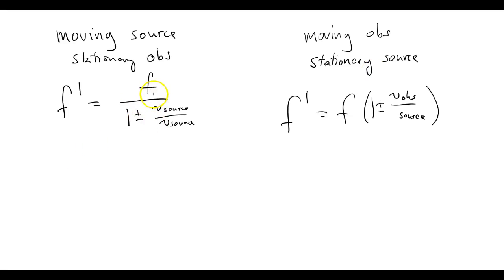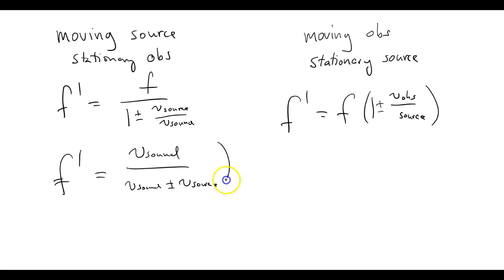I'm just going to multiply the top and bottom by v sound. And so I get f prime is equal to v sound all over v sound plus or minus v source, and then that's all times f. That's another way to write it.